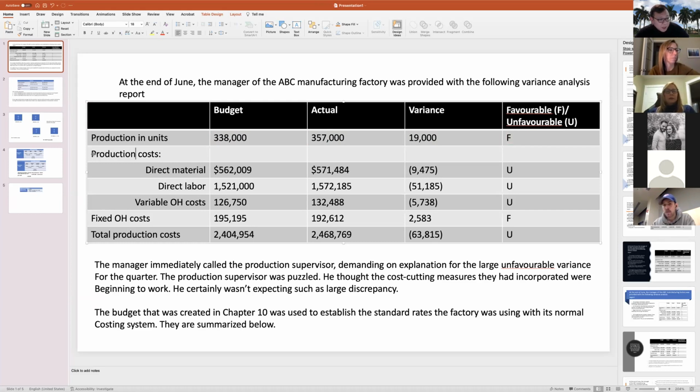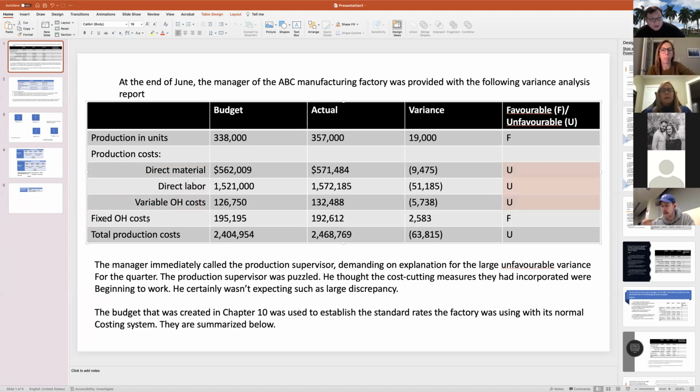And in terms of production cost, they have subcategories: the direct material, direct labor, variable overhead cost. So you can see all the costs when you compare the actual versus the budget, all these costs are unfavorable.